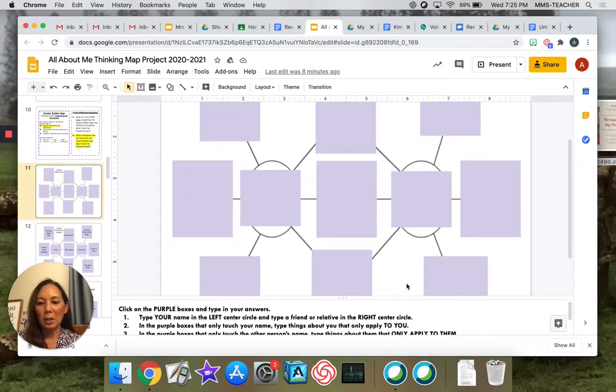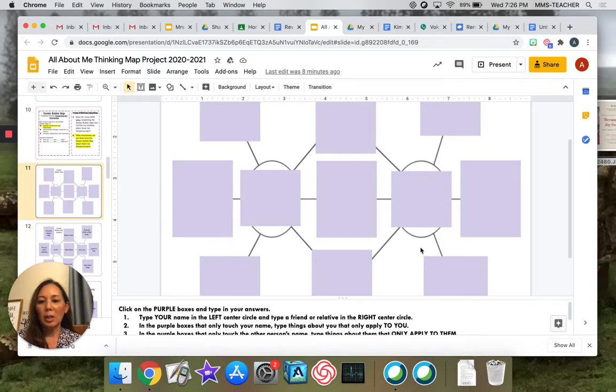It says, click on the purple boxes and type in your answers. Number 1, type your name in the left center circle right here. This is where your name would go. And type a friend or relative in the right center circle in this area right here.